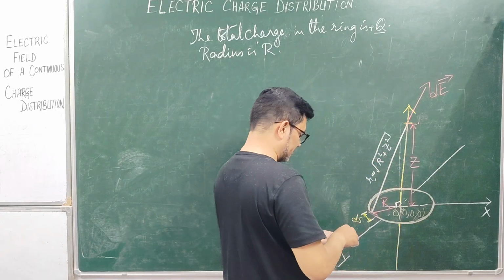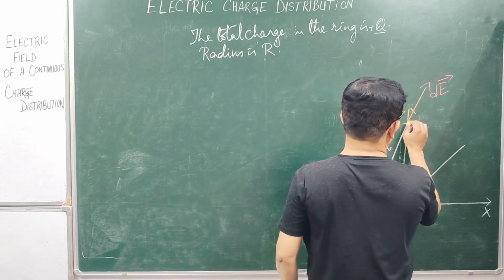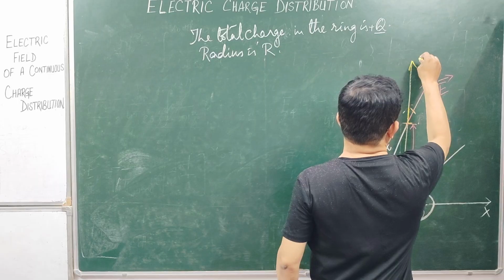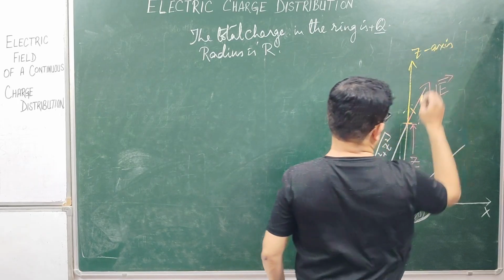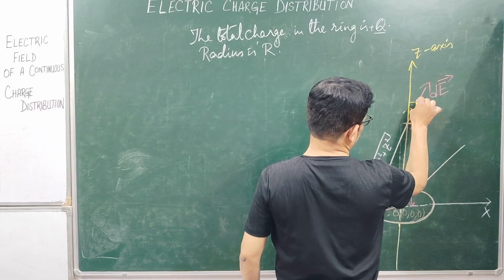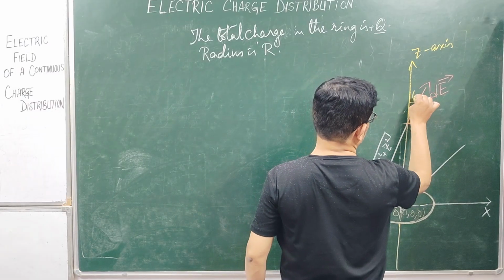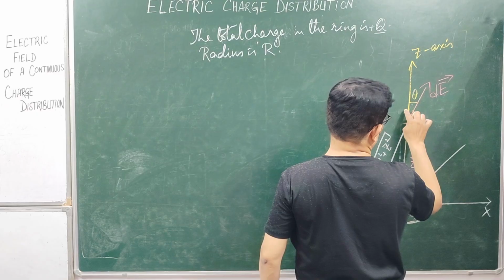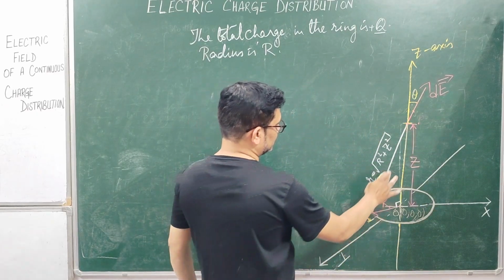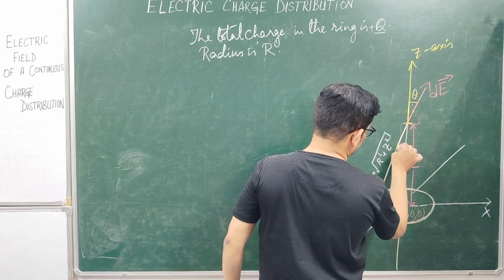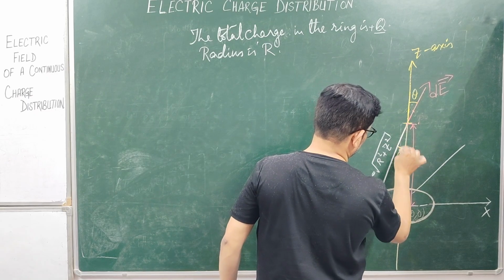And suppose this is making, so let me increase this length, this is the Z axis. Suppose this angle is theta degrees. This is theta. If this is theta, then by geometry we know that this should also be theta. Okay.